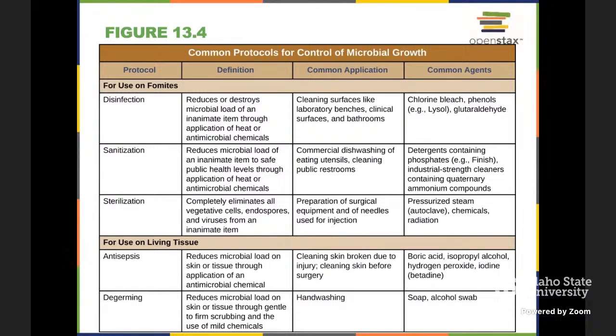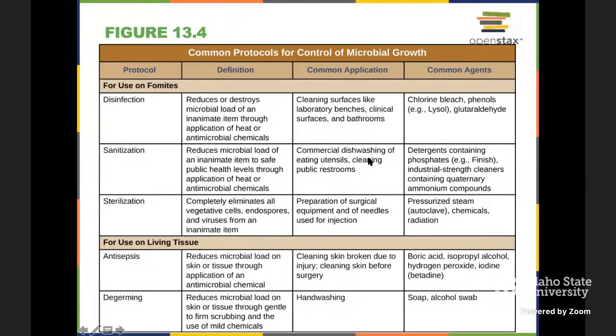You're bringing them down to safer levels and making it clean, however you would like to define that. So when we think about sanitizing, we reduce the load, bringing it to public health levels that we would recognize as being safe. And it kind of depends on the circumstances.